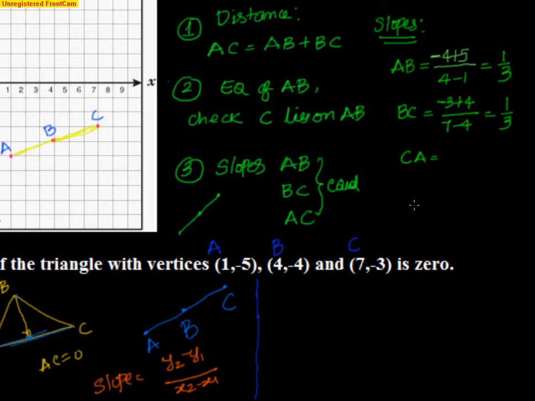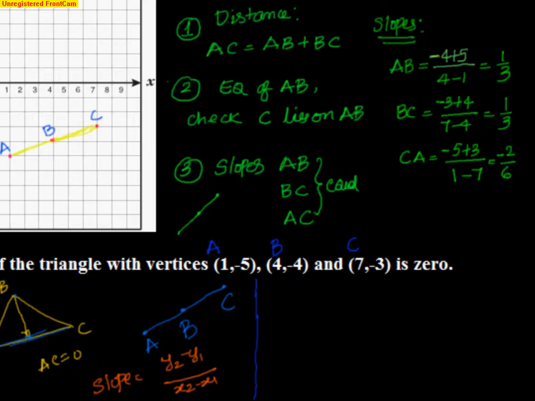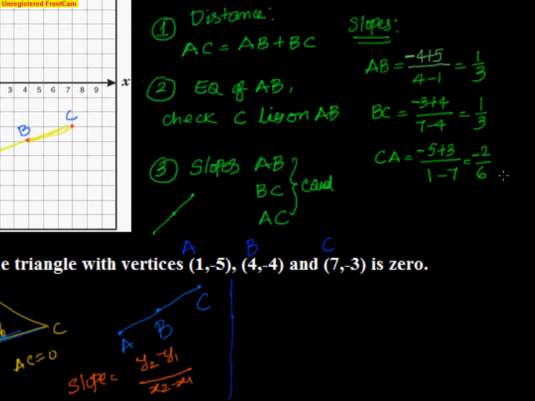So minus 5 plus 3 divided by 1 minus 7, that's nothing but equal to minus 2 by minus 6, that is nothing but equal to 1 by 3. Okay, right? So we got all the slopes.